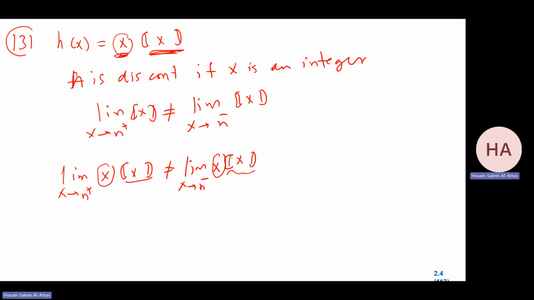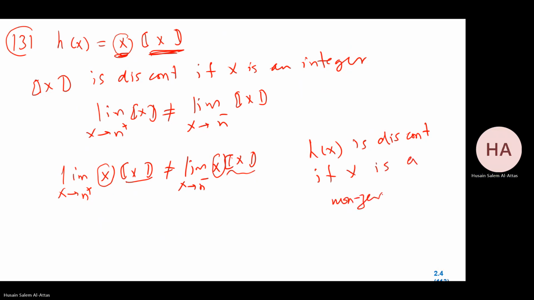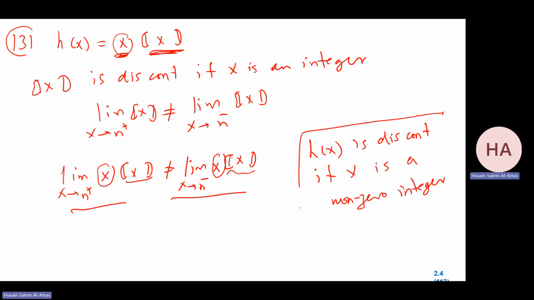This is true for the greatest integer function, not h. But h is discontinuous only if x is a non-zero integer. Because if it is 0, it will be continuous. It will be 0 equals 0, and it's equal to f at 0. So this will be the condition.